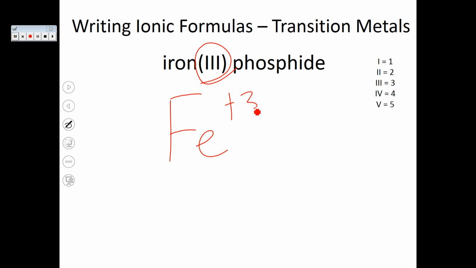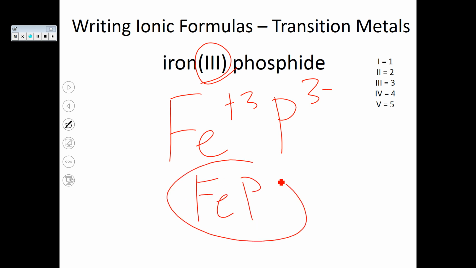The reason that they have to have Roman numerals is that the transition metal's oxidation numbers can change depending on what it's bonded to. Sometimes iron has an oxidation number of 3, sometimes it has an oxidation number of 2. So for transition metals, because they can change like that, you have to specify what it is with that Roman numeral. Phosphorus is P, which has a -3 charge, and so when you drop and swap and simplify, this becomes FeP.